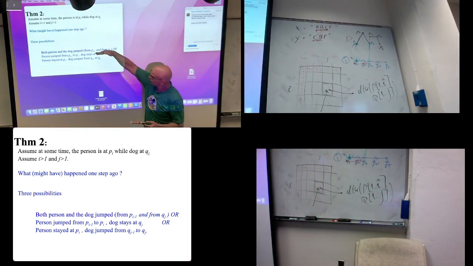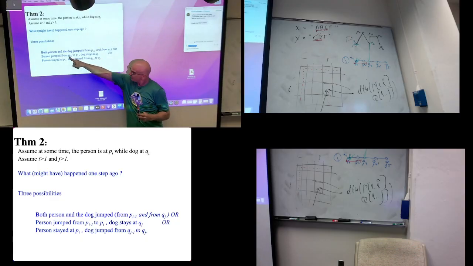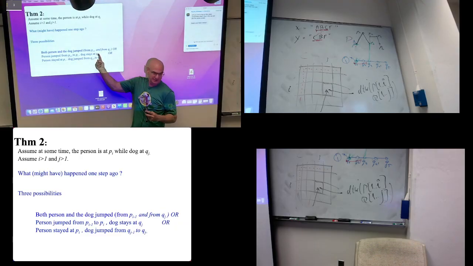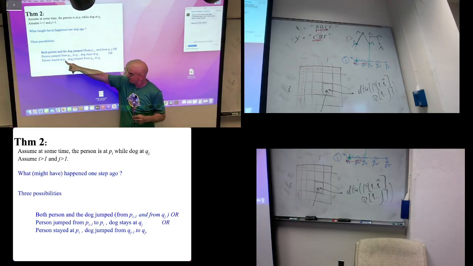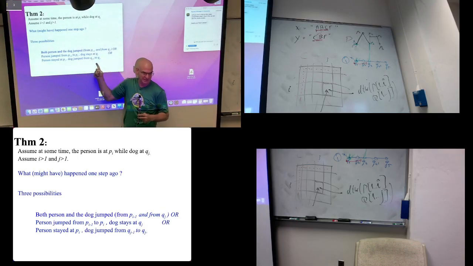Or, what's the other option? The person was the one that jumped from Pi minus 1 to Pi, but the dog was already at Qj one step ago. Or the other option is that the person was already at Pi and the dog was the one that jumped from Qj minus 1 to Qj. These are the only three options.